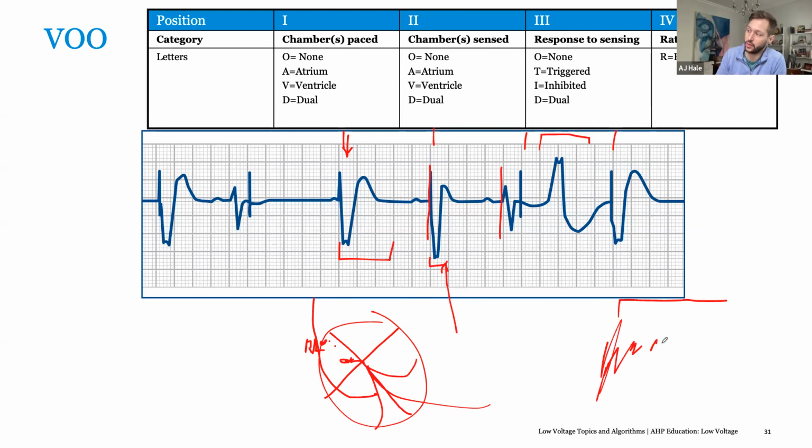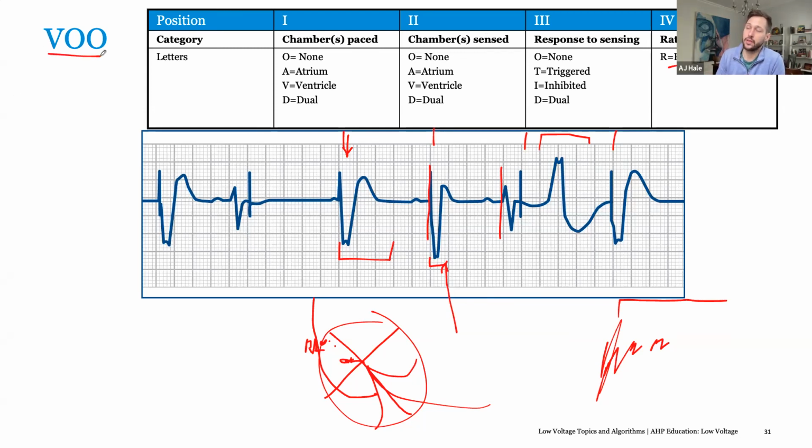So if this cautery is still going on, you could have a 10-second pause, which is generally not ideal for most people. So in those cases, we'll program the device VOO or asynchronous. So no matter what, it will pace, it will not sense, and it will not respond to any sensing. Finally, we don't have rate modulation on. We'll talk about that later. But this is your most basic mode.